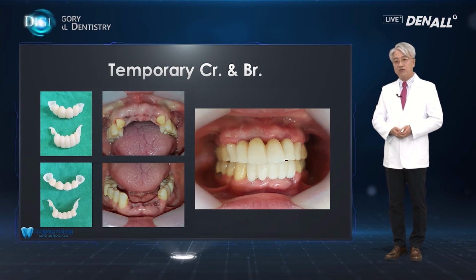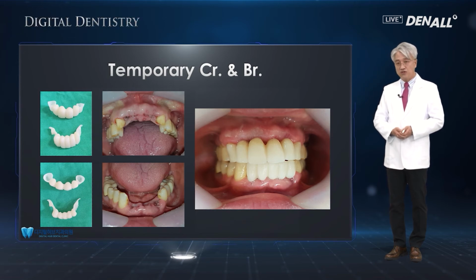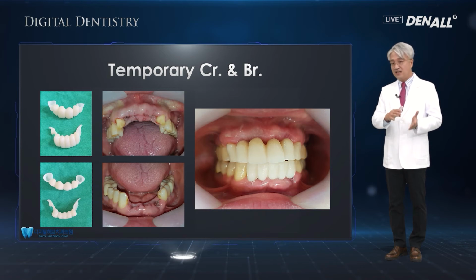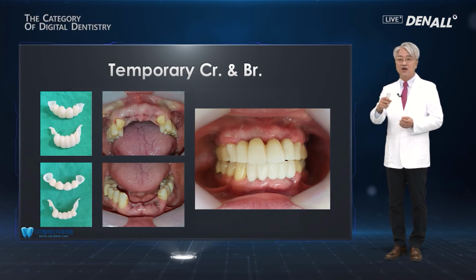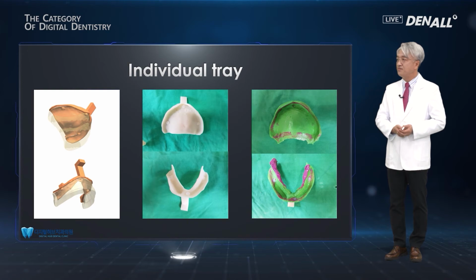For a long bridge, if you create it beforehand, it can reduce chair time for the patient. With CAD-CAM, the healing mechanism and gum shape can be considered in your design. Compared to making it by hand, or where your staff does it, the temporary made this way is higher quality.